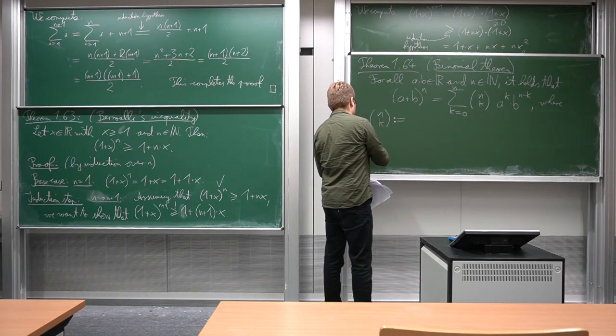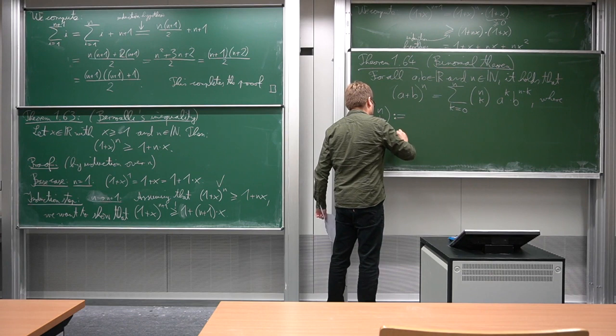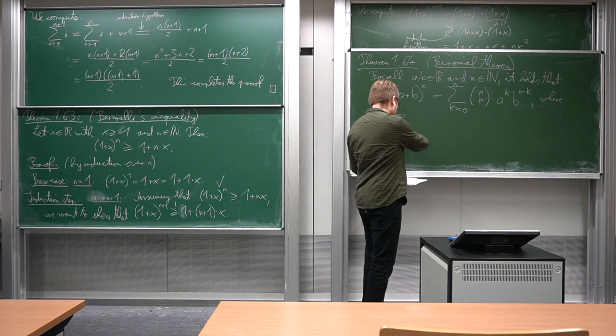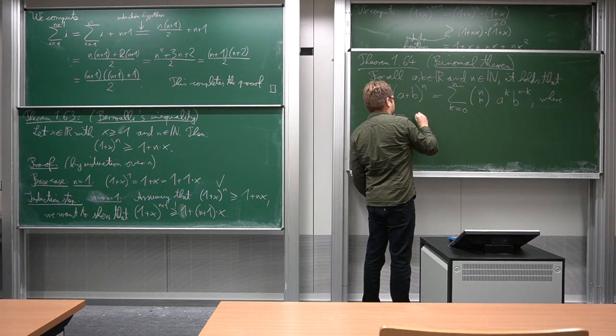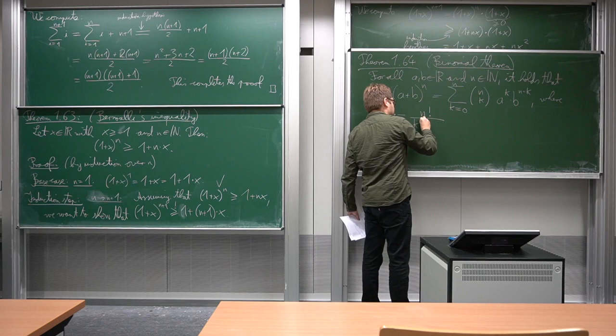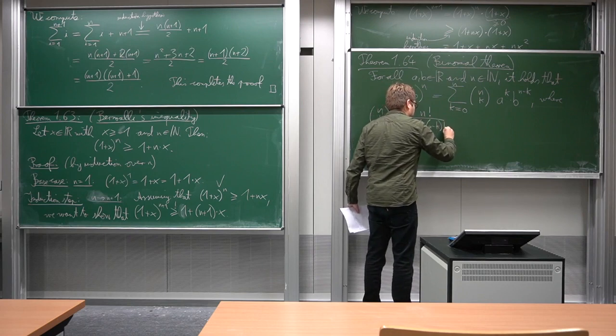So n choose k, which is a bit of a strange name for this. I will explain in a second why this is the case. This n choose k is defined as n factorial over k factorial times n minus k factorial.